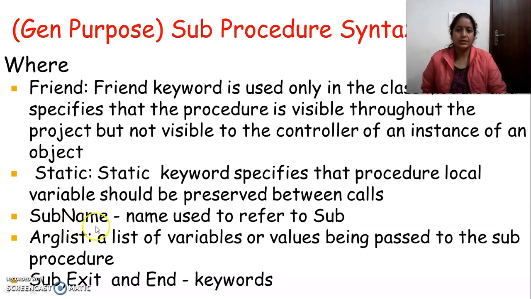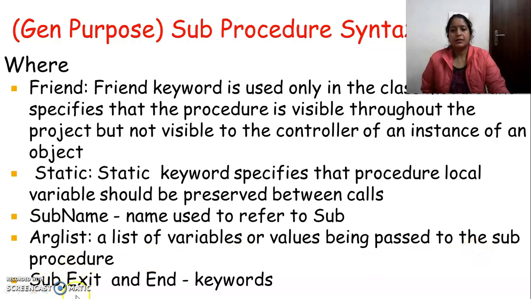Next is the subname. Subname is the name used to refer to the sub. Meaning if you want to put the name of a subroutine or procedure, then follow all the rules you use for naming a variable. Next one is the argument list. Argument list is a list of variables or values being passed to the sub-procedure, separated by commas.